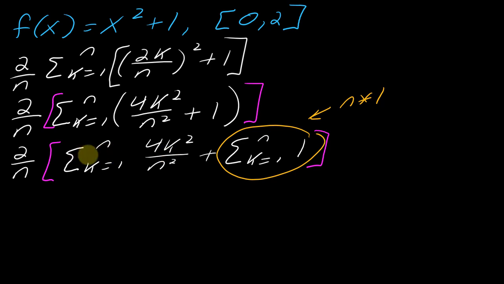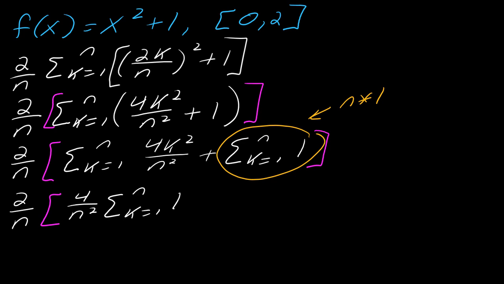So I want to rewrite this particular sum, factoring out this 4 over n squared. Remember, this 2 over n right now, we're just letting it hang out. We're ignoring it. I'm trying to just focus on all the stuff in the pink at the moment. So I'm going to factor out that 4 over n squared, and then I've got k equals 1 to n of k squared, and then this other part here is just going to be plus n. So that's me using that constant value rule.